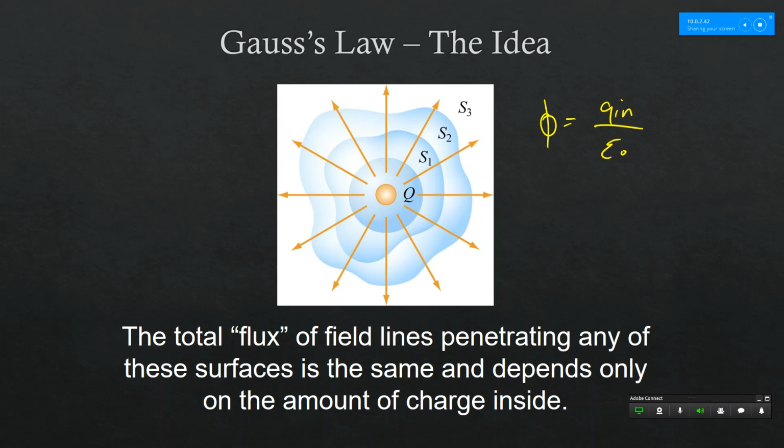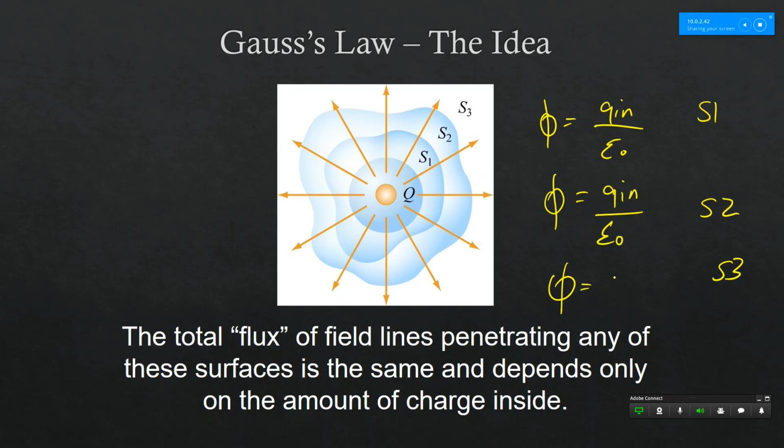If I took this weird shape S2 Gaussian surface, a medium-sized Gaussian surface, what is the flux coming out of that Gaussian surface? The same thing. The Q inside over epsilon naught. So this is for S1, this is for S2, and for S3, same thing.